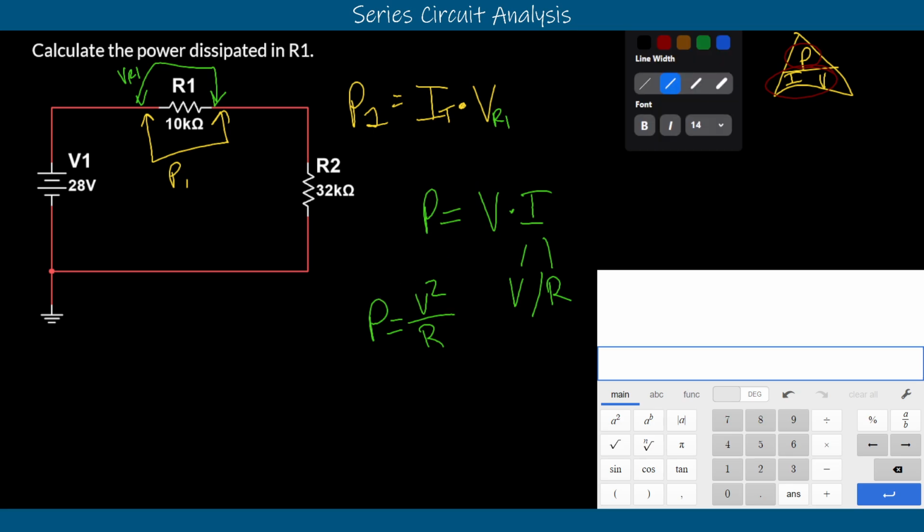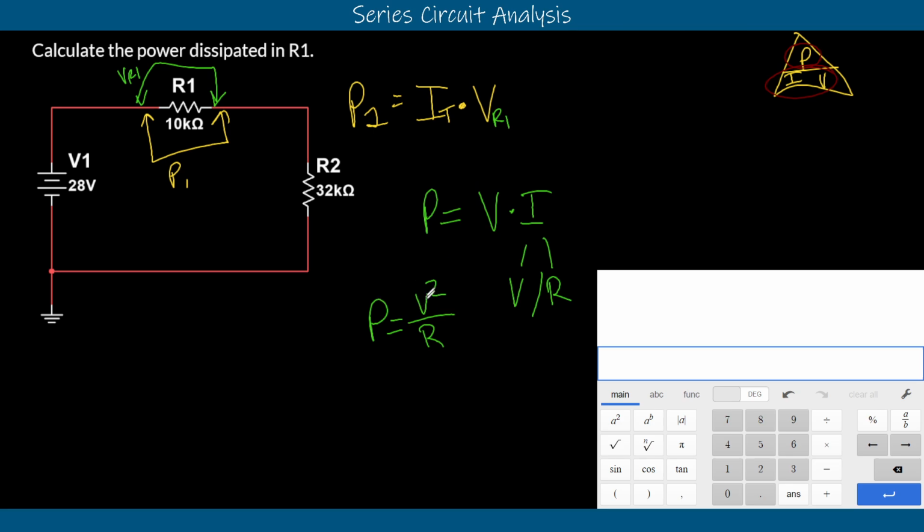And so then all we got to do is figure out, or keep in line, the R1, and the power 1. So we can use this equation instead of our original power law up here. That means that P1 is also equal to Vr1 squared divided by R1. We know R1, we know that we can solve for Vr1, and that's going to give us P1. So we're going to use the voltage divider equation to solve for that.